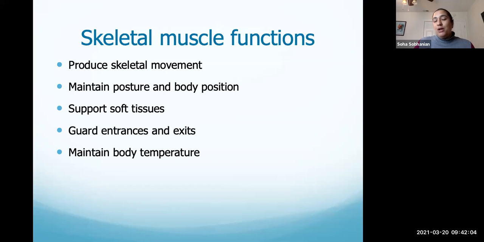And then maintaining body temperature. We already know that your body temperature is maintained at 37 degrees centigrade or 98.6 degrees Fahrenheit. The majority of that temperature maintenance comes from skeletal muscle movement. Hence, when you're cold, you shiver, and that shivering is rapid muscle contraction that helps you increase your body temperature.